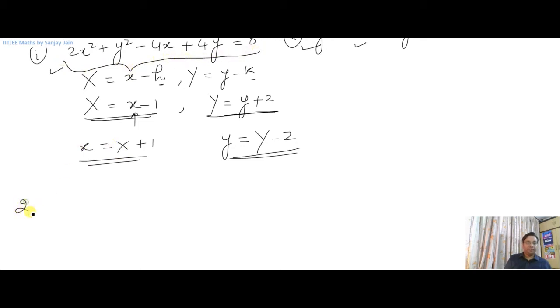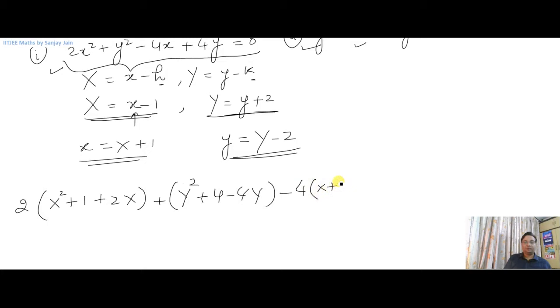So I'll have 2(X + 1) squared, that is X squared plus 1 plus 2X, then (Y - 2) squared, so it will be Y squared plus 4 minus 4Y, minus 4x, so it will be minus 4X plus 1, and then plus 4y, so it will be 4Y minus 2, and it is equal to 0.